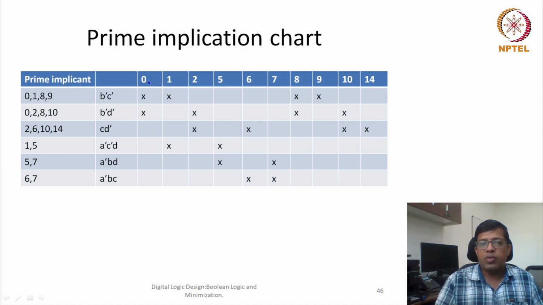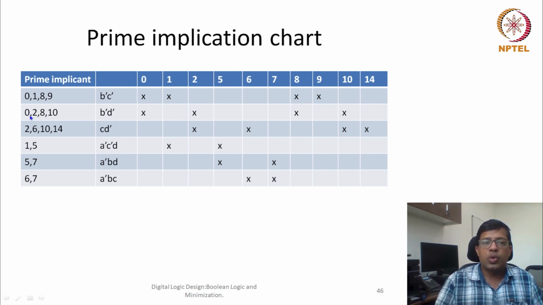To make things easier, for each min term which is present in that particular prime implicant, we mark a cross sign. So for example, 0, 1, 8, 9 is a prime implicant, so we can mark a cross sign for min terms 0, 1, 8, and 9.